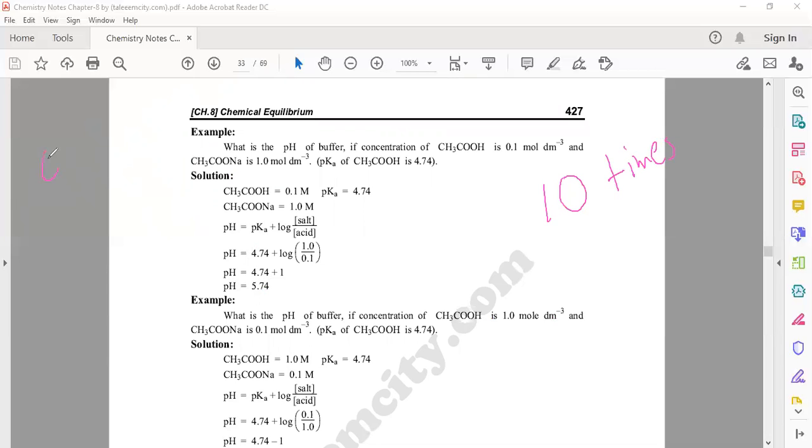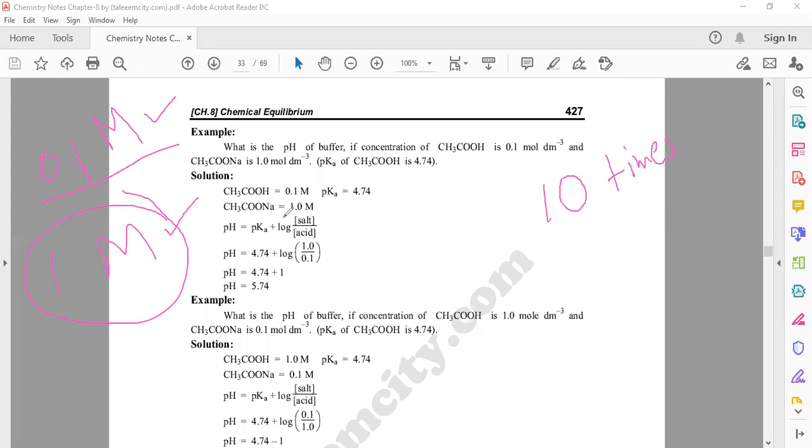For example, the concentration of acid is 0.1 molar and we are taking its salt 1 molar. So the salt is 10 times the acid.